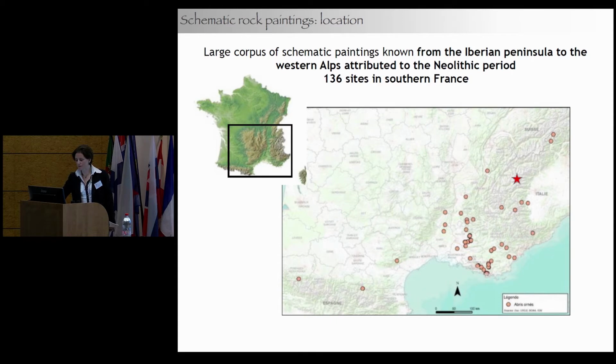So this corpus presents 1,036 sites, and obviously it's difficult to study all of these sites. Only one archaeologist tried to understand this corpus of schematic paintings: Claudia Defrance.